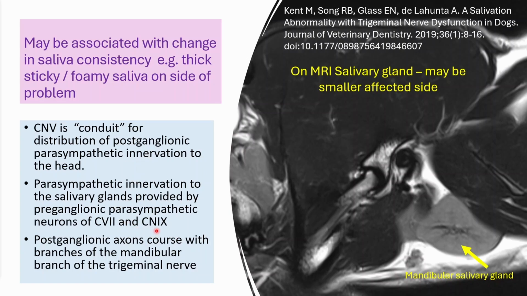The innervation to the salivary glands is provided by the seventh nerve, the facial nerve, and also the glossopharyngeal nerve, but they are traveling with the mandibular branch of the trigeminal nerve, and it is possible to see reduction in the size of the salivary glands on the affected side in some cases with trigeminal nerve disease.